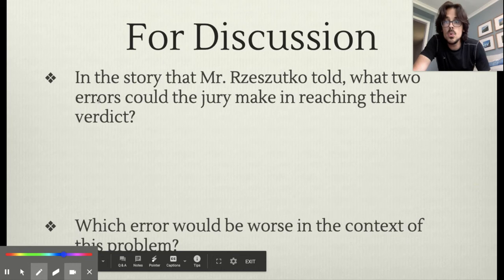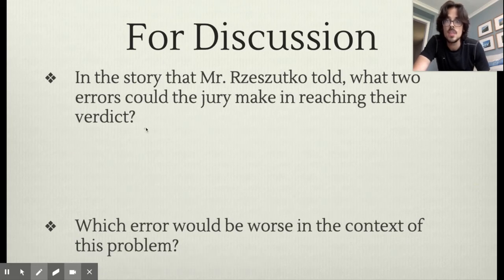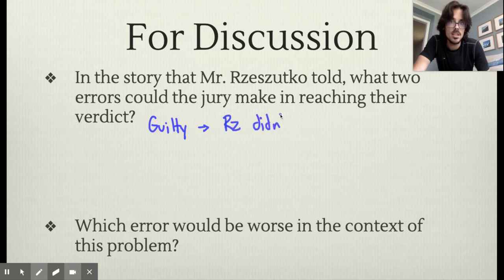There are two errors the jury could make regarding their verdicts. They could say I'm guilty when I didn't do it. They could also declare me not guilty when I did it.